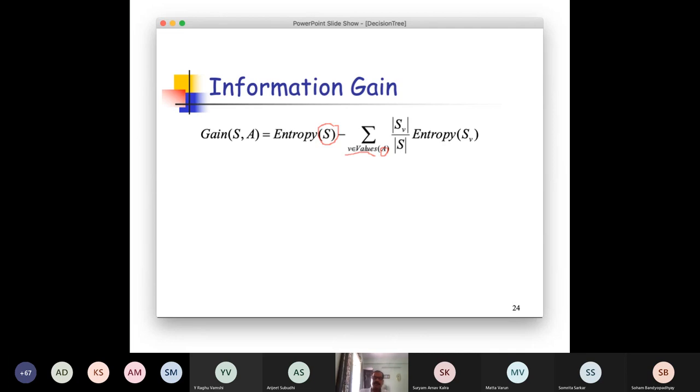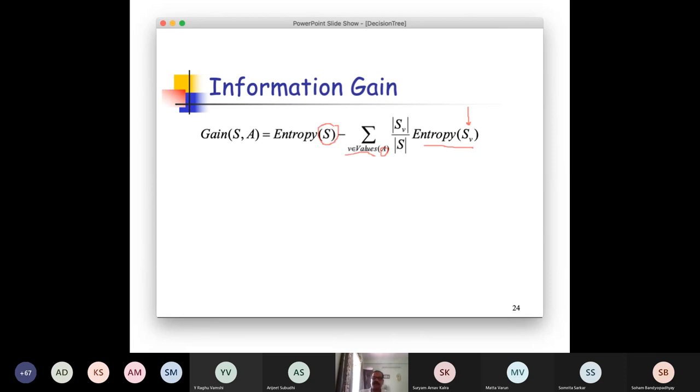So each value will induce one of the partitions in the set S, and for each value you find out the class distribution of that partition. So if there are n discrete values, there will be n such partitions.